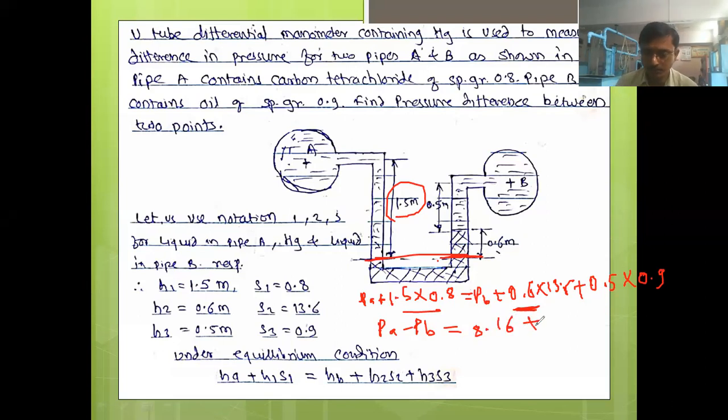Plus 0.5 into 0.9, which is 0.45. Minus 1.5 into 0.8, which is 1.2. Now do the addition: 8.16 plus 0.45 minus 1.2, and I have got the value 7.41 Newton per meter square.